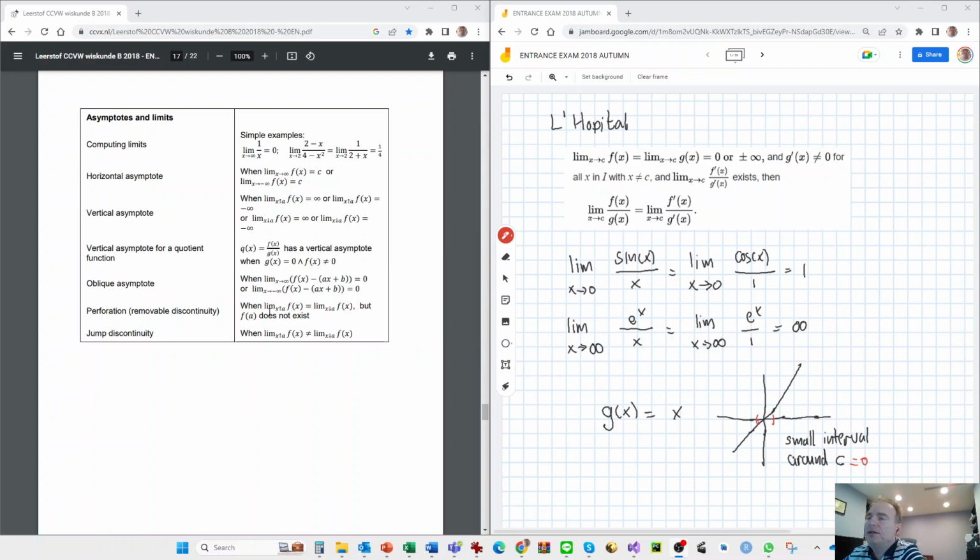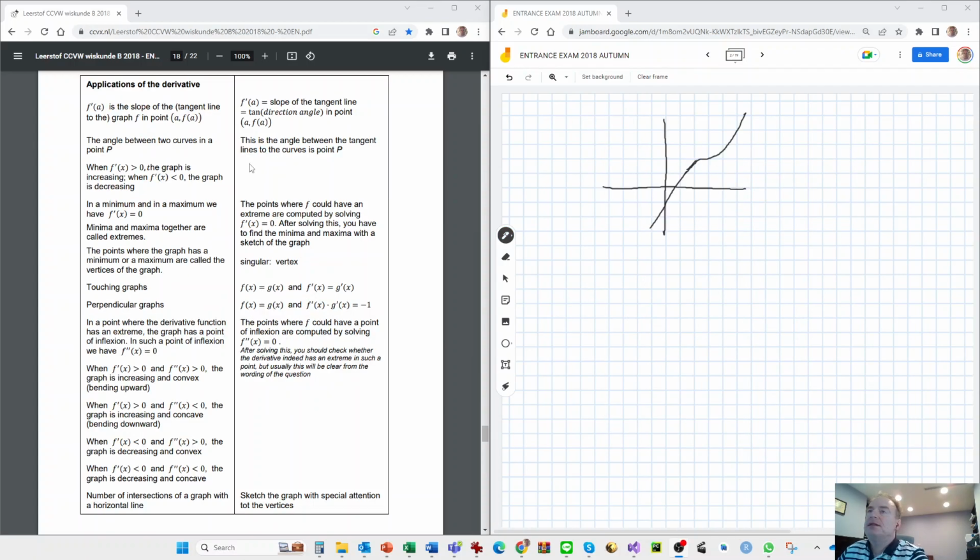But if the limit from x approaching from below is the same as the limit of x approaching from above, and if they're equal, then we have a perforation. Basically, a discontinuity that can be removed. So you have to prove that these limits are the same. And when these limits are actually different, then you have a jump discontinuity.